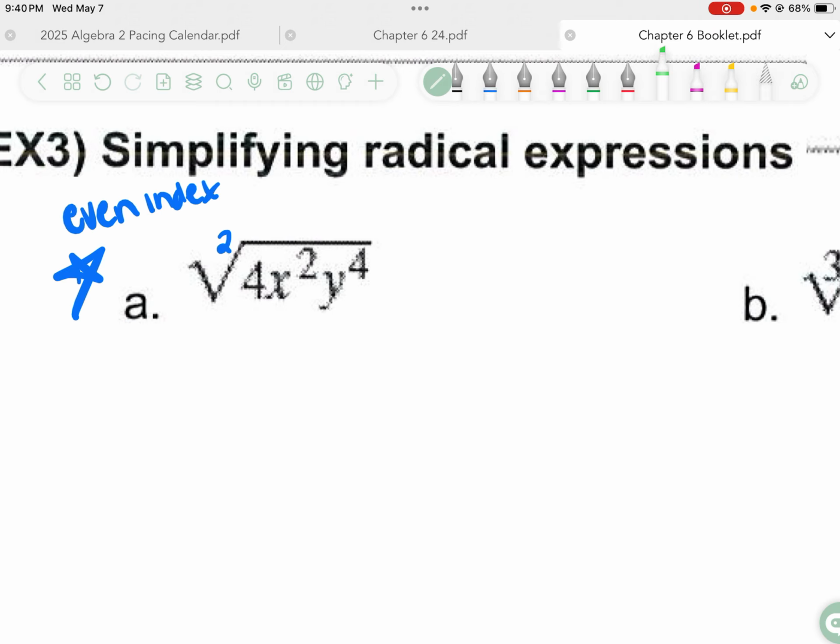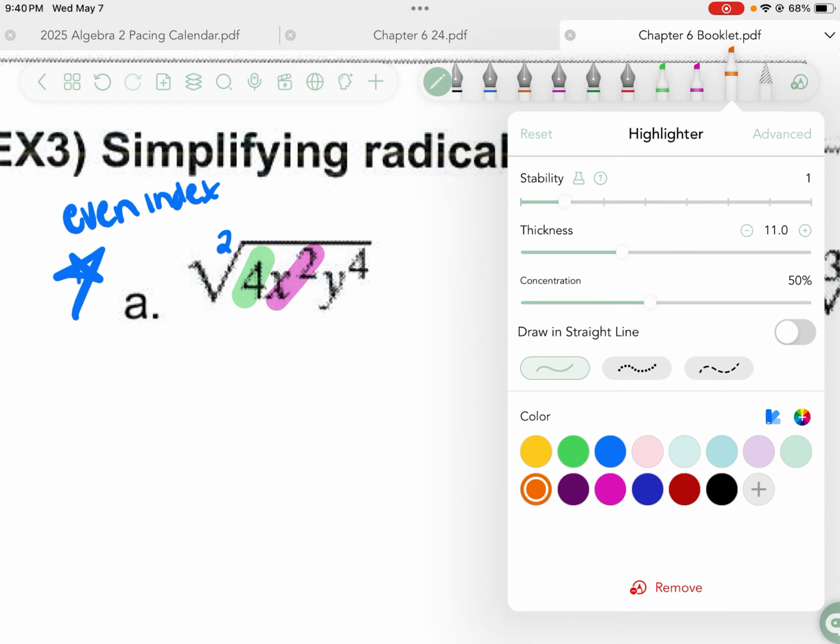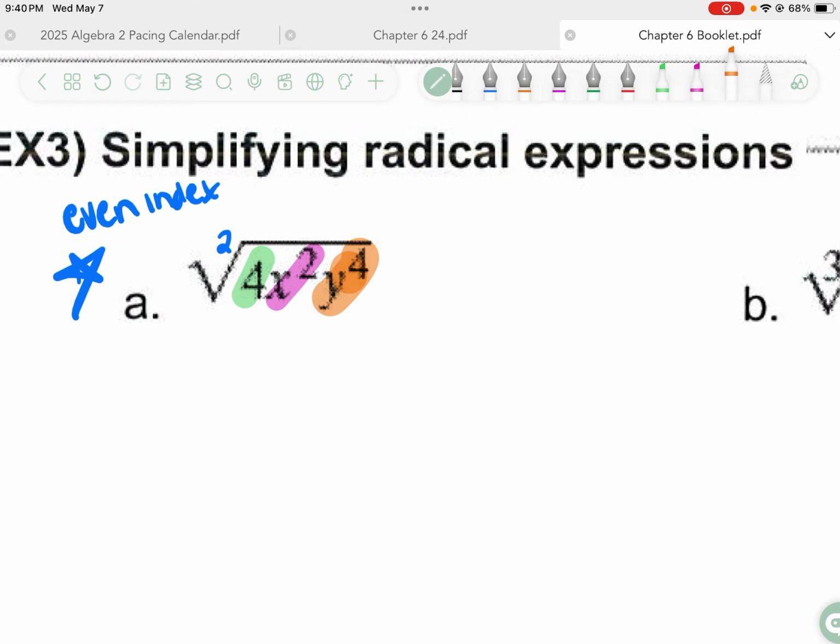So look at this as a 3-part problem. We got to simplify the square root of 4 x squared y to the 4th. So the square root of 4 is 2. The variables, again, I take the exponent and I divide it by the index to get 1. So it's just x to the 1st.